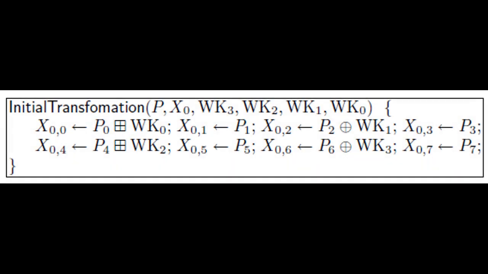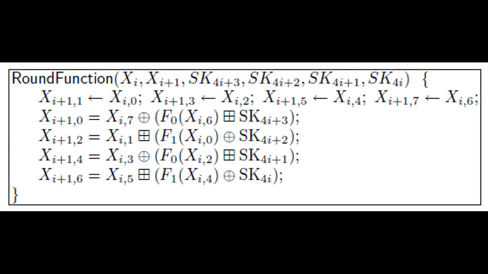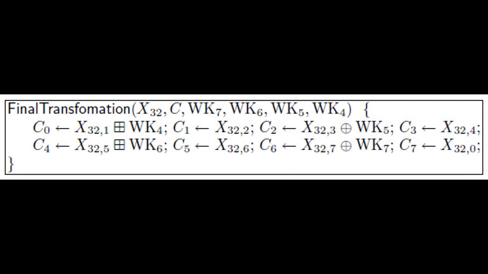The encryption stage of HIGHT consists of an initial transformation, 32 rounds of transformations, and a final transformation.